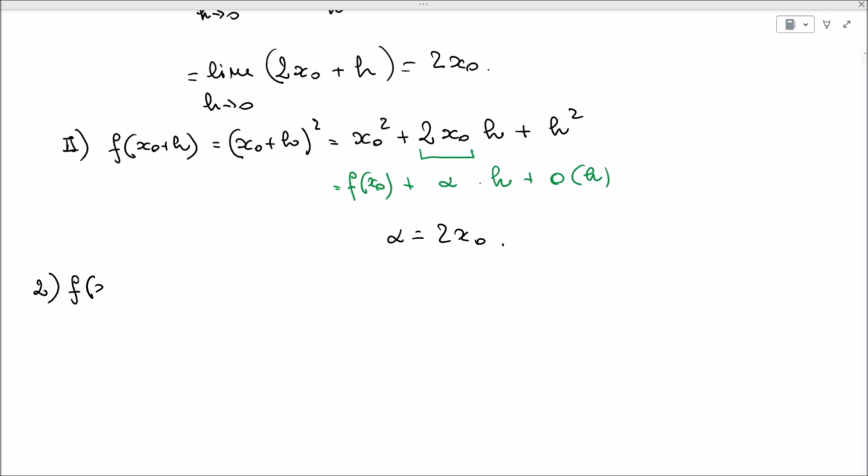Okay, let's move to another function, function 2. Let's take f of x equal to x cubed. Once again, the domain is just the entire real line.